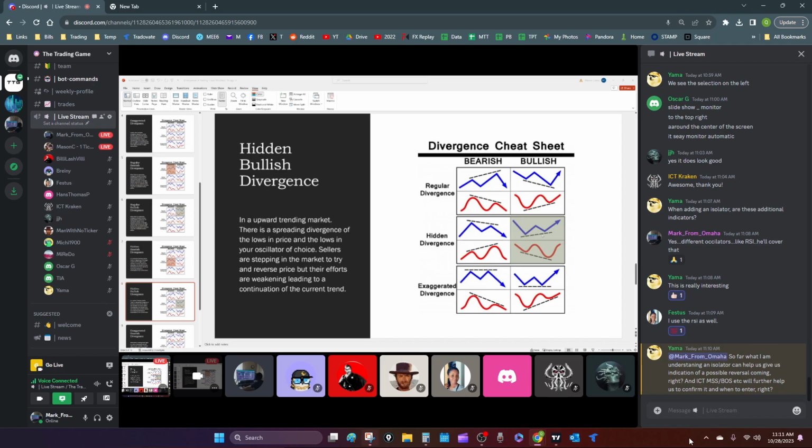Sellers are stepping into the market to try to push price down. They want to reverse this. They want to sell. They want to go bearish. As they push price down, they cannot create lower lows in the price, but the strength of them pushing it down is getting stronger, and they can't push price down. So this is a continuation trend in a bullish market.